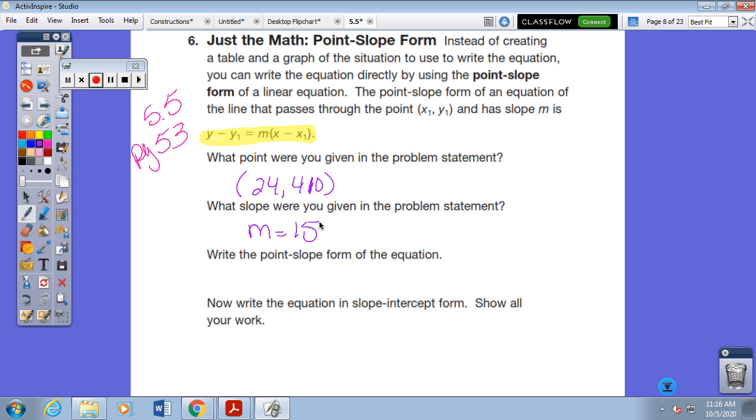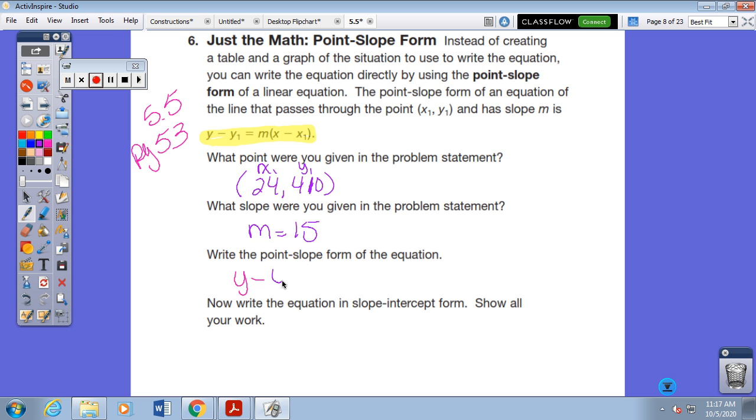And what we're going to do here is we are going to plug it into point slope. So we have y minus, this is going to be m, and then we have x1, y1 is point.